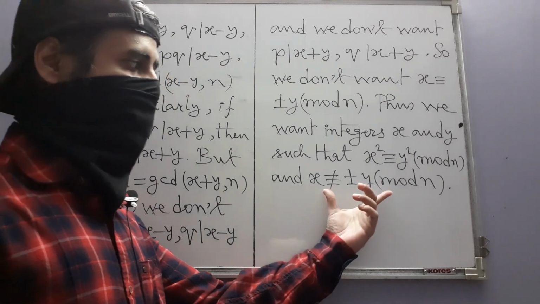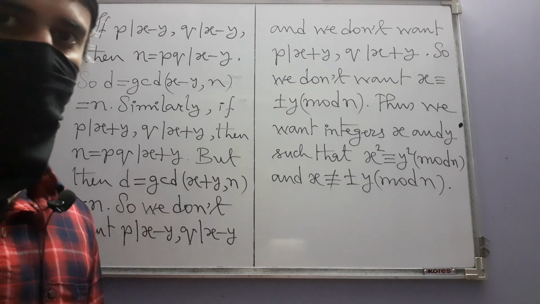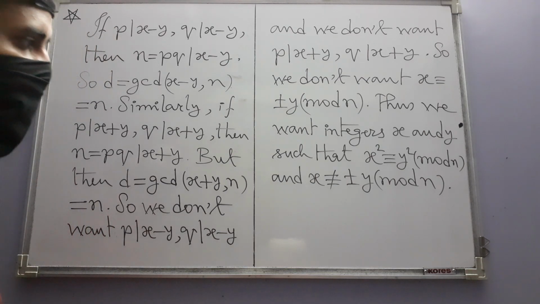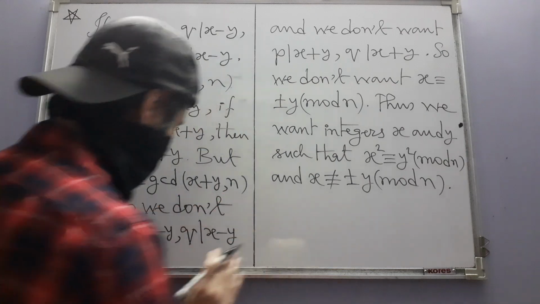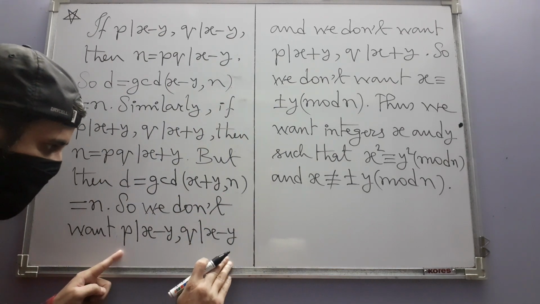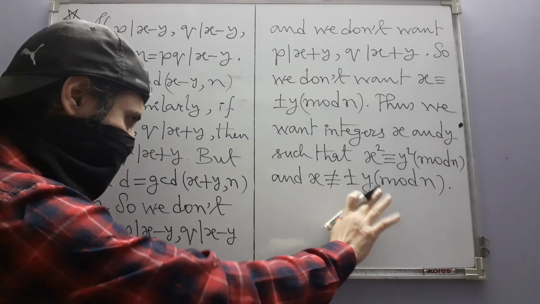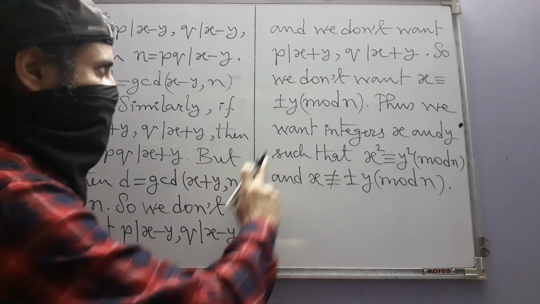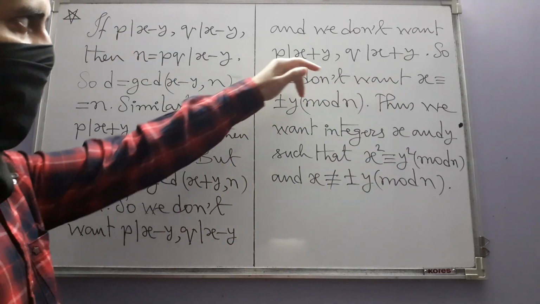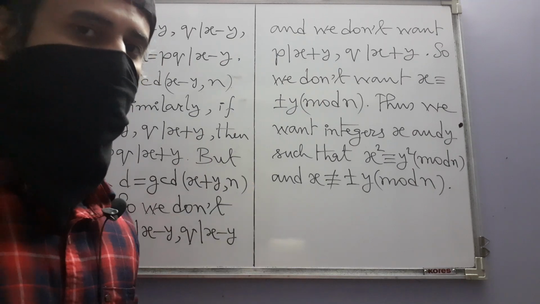Now, will this additional requirement make sure that the d we are going to get is neither 1 nor n? Yes. How? You see, one of those 4 conditions is this: we are avoiding this by requiring x to be not congruent to y mod n. The other of the 4 conditions is this, and we are also avoiding this by requiring x to be not congruent to minus y mod n.